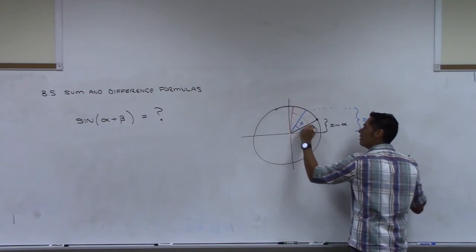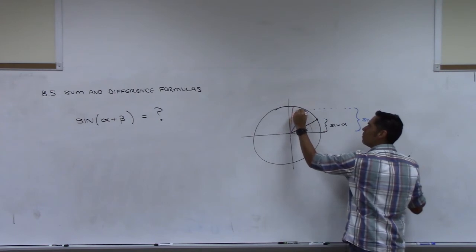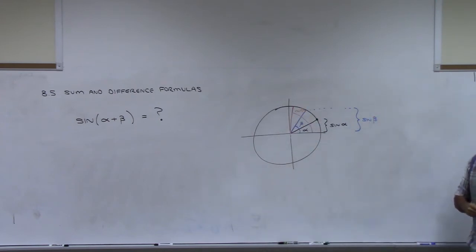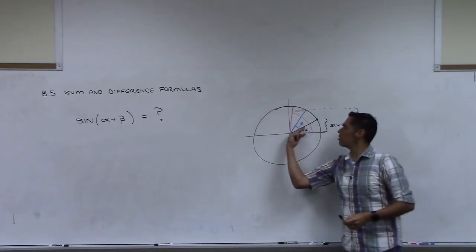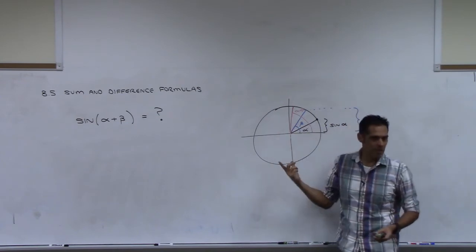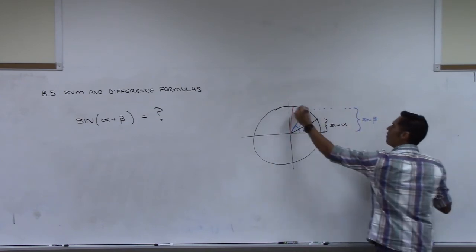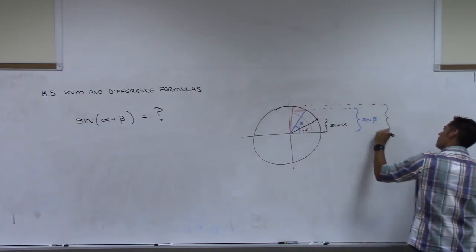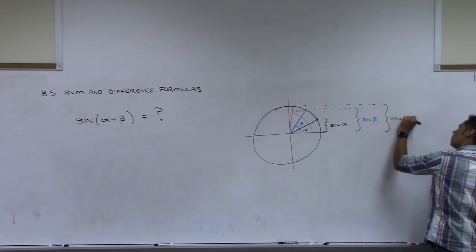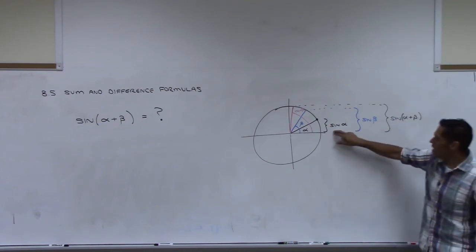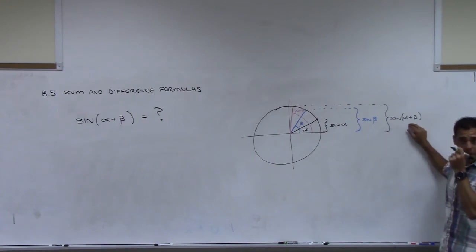This angle right here would be alpha plus beta, right? Agreed? If this is 10 degrees and that's 20 degrees, then alpha plus beta would be 30 degrees. This right here is sine of alpha plus beta. Do you see the difference between sine alpha, sine beta, and sine of alpha plus beta?